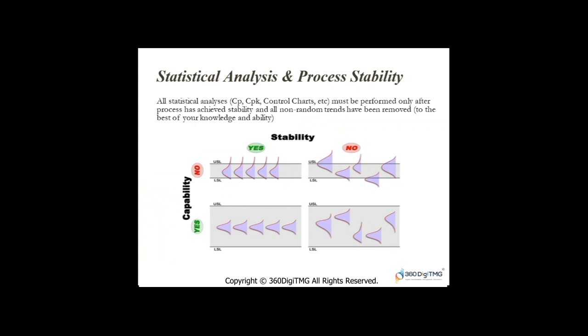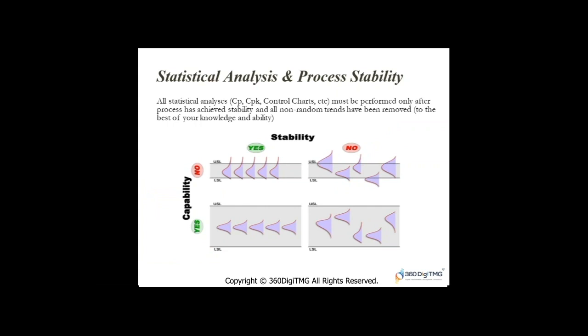Think about this. A process which is low in capability and low in stability. This is how it looks like. It's random, explaining that there is no stability in the process, and there are a lot of things falling outside your specification limit, explaining that it is low in capability.